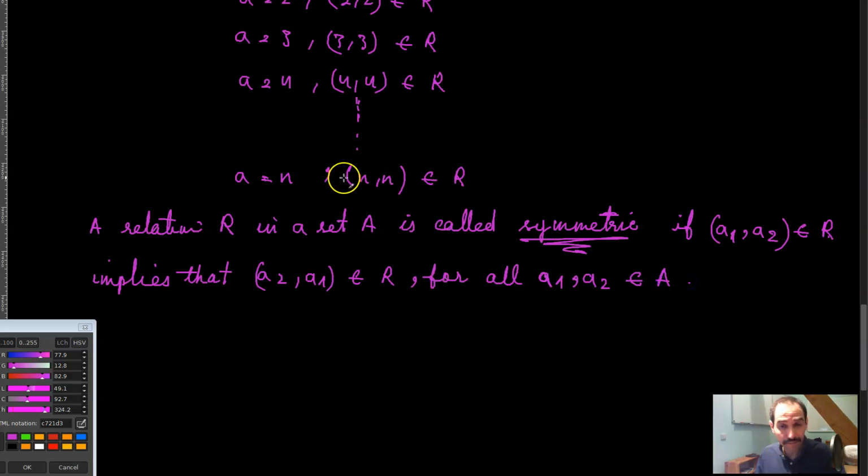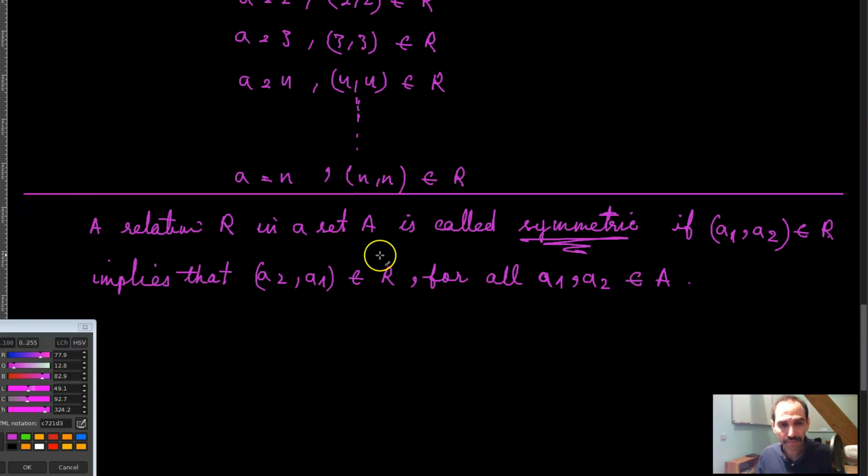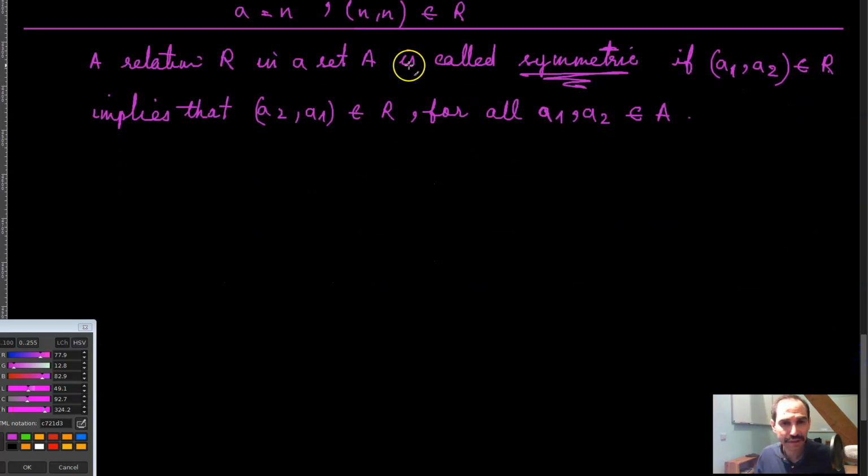So basically what we are saying here is that a relation R in a set A is called symmetric if A1 comma A2 belonging to R implies that A2 comma A1 belongs to R for all A1 and A2 belonging to R, which means that, for example, if 2 comma 3 belongs to R, then 3 comma 2 also belongs to R.